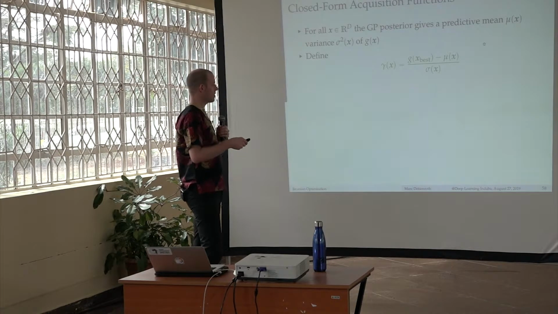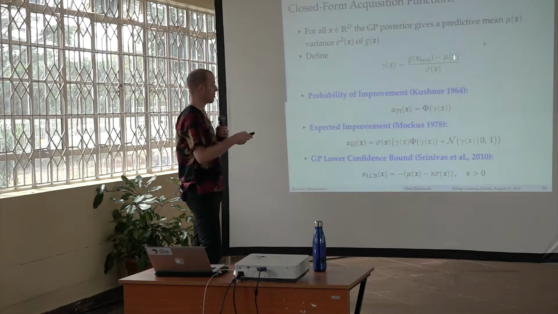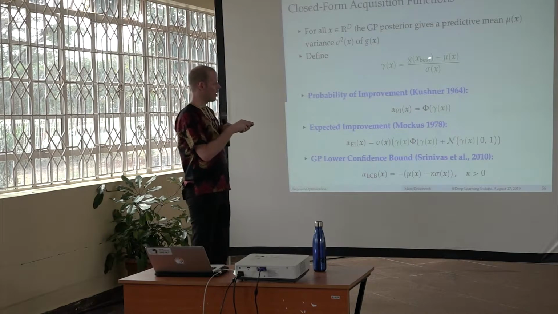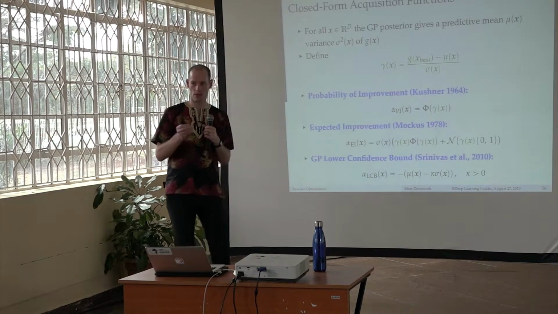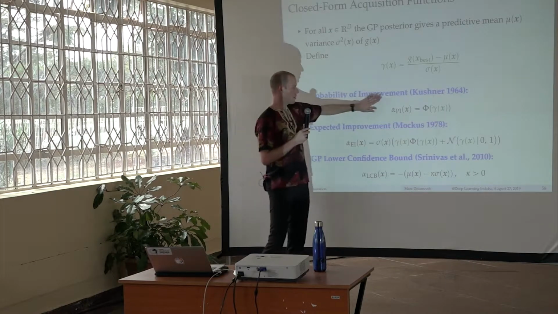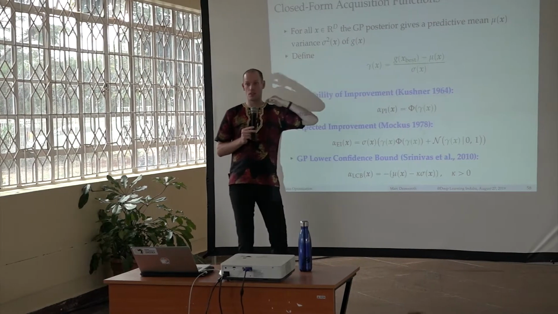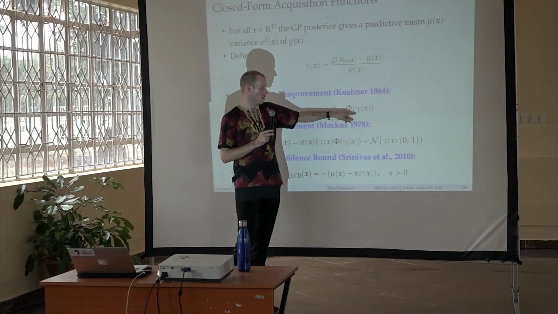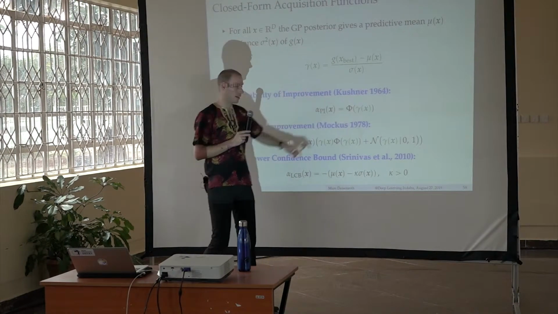If we define this quantity here, gamma of x, as the best value minus the mean prediction of the Gaussian process divided by the standard deviation, similar to a z-score, we can compute something called the probability of improvement, the probability that you get something better, which is the cumulative density function of the Gaussian evaluated at this gamma value.